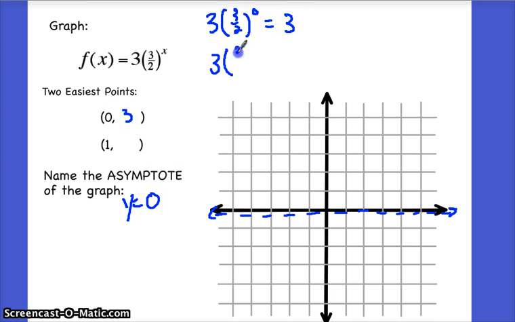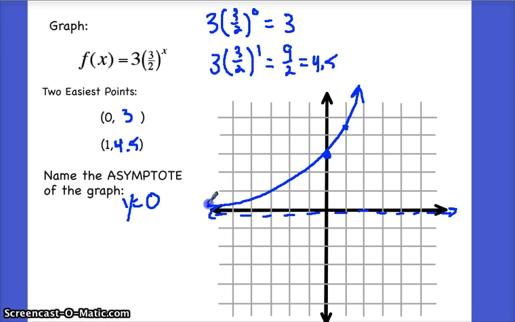And 3 times 3 halves to the first is going to be 9 halves, or about 4.5. Well, 0, 3, and 1, 4.5 tells me that to the right, I'm going away from the asymptote. So all I have to do then is follow the asymptote, curve up through my points, let the line keep curving upwards, and there is a basic exponential function. With labels, don't forget to label your axis.